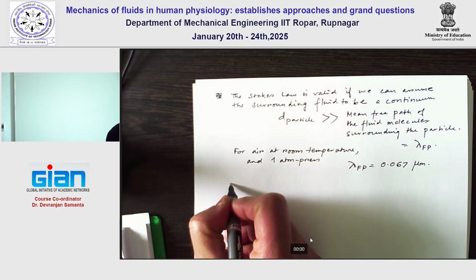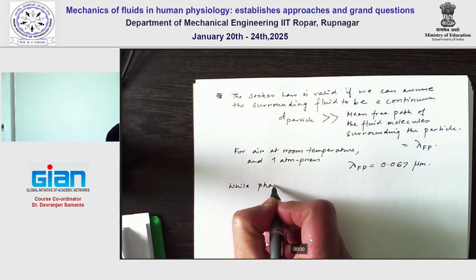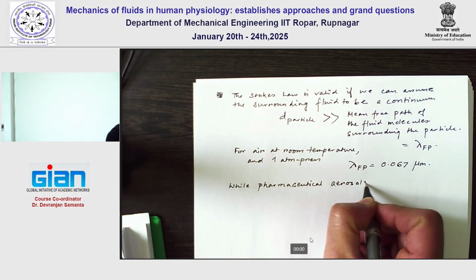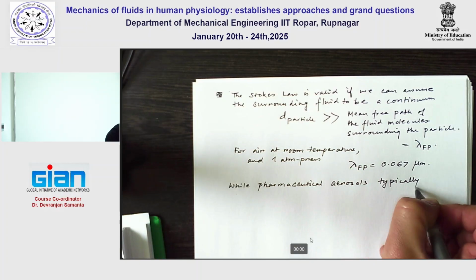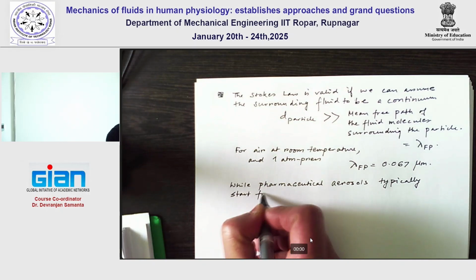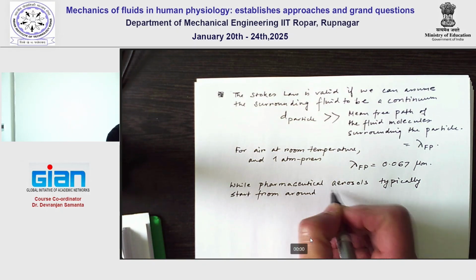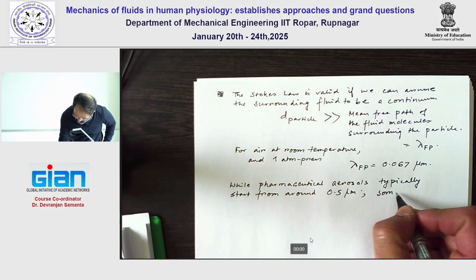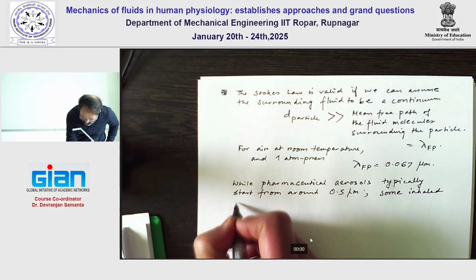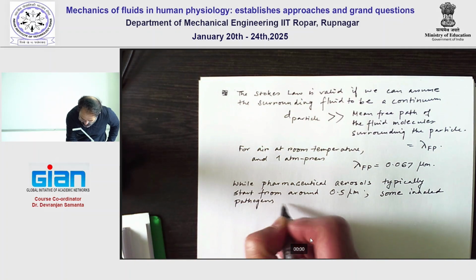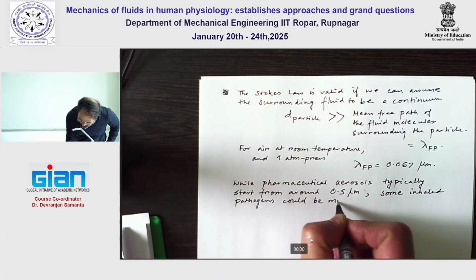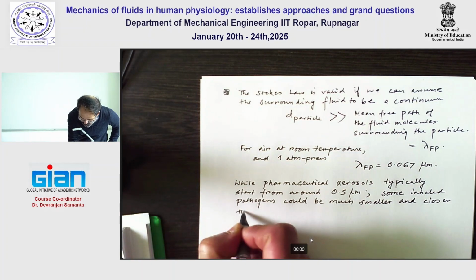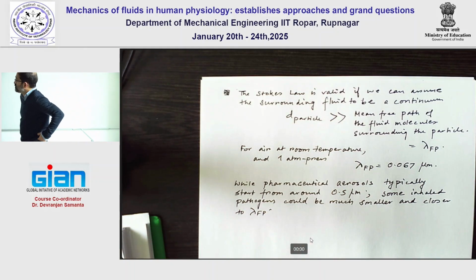So, while pharmaceutical particles or aerosols typically start from around 0.5 micron, some inhaled pathogens could be much smaller than that as well, and closer to even this lambda Fp.